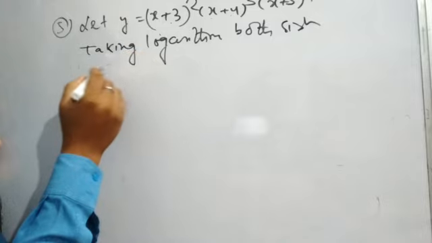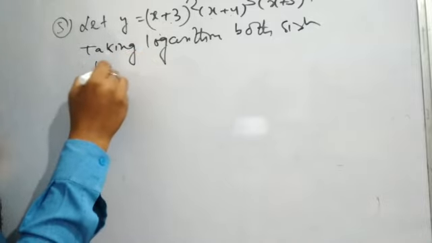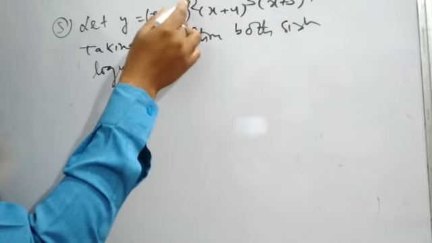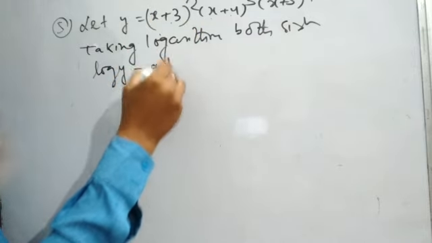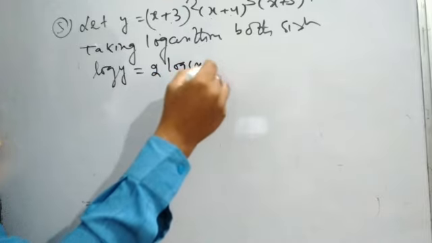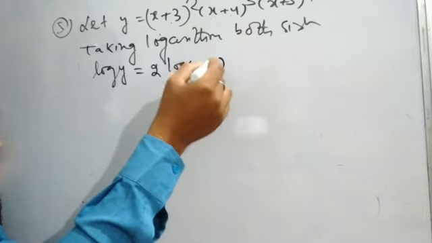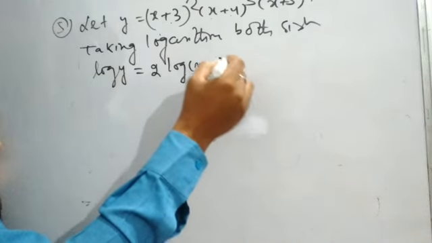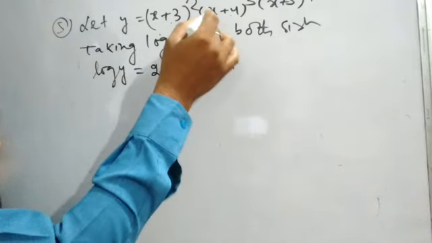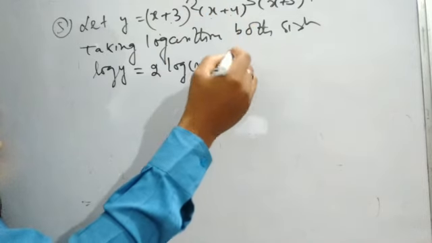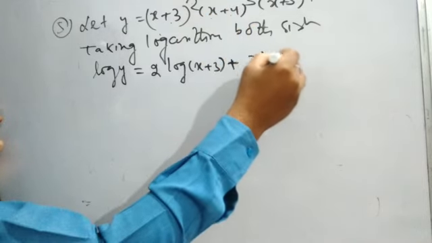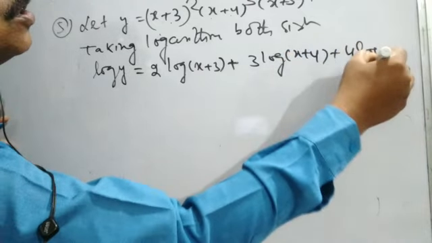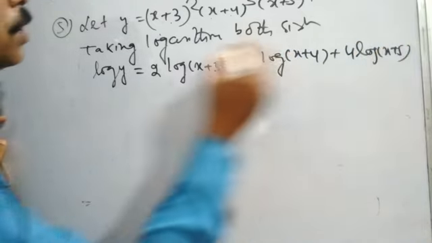Then what will you get now? Log y is equal to, using property number 3, first 2 log (x plus 3), then by property number 1, the multiplication form, addition will occur between the terms, so plus 3 log (x plus 4) plus 4 log (x plus 5).